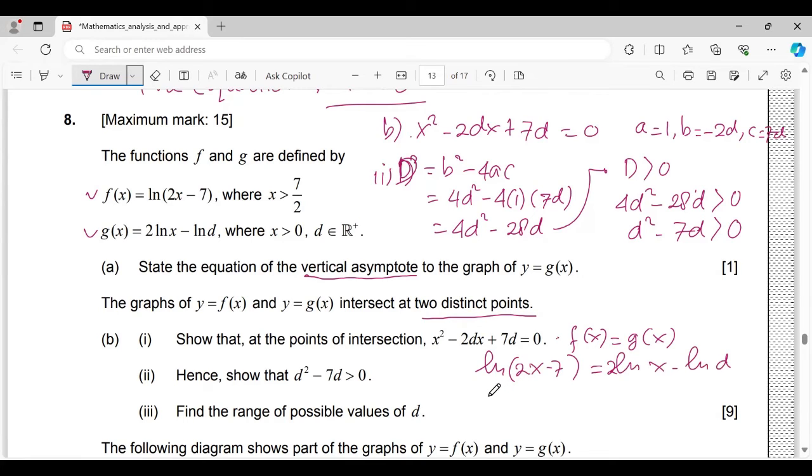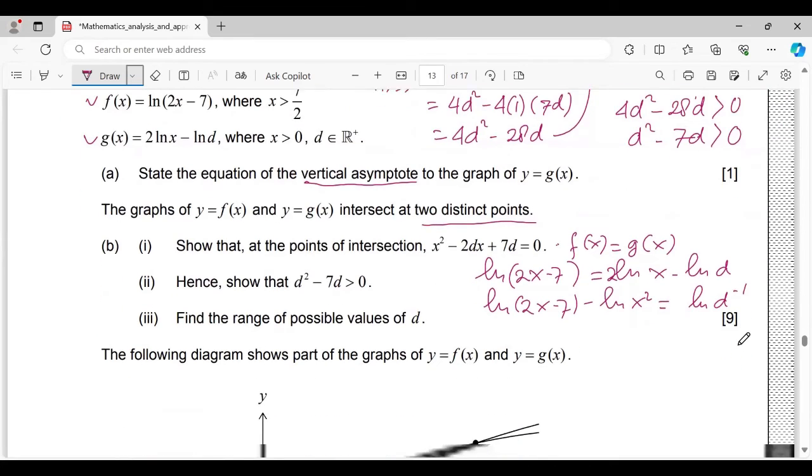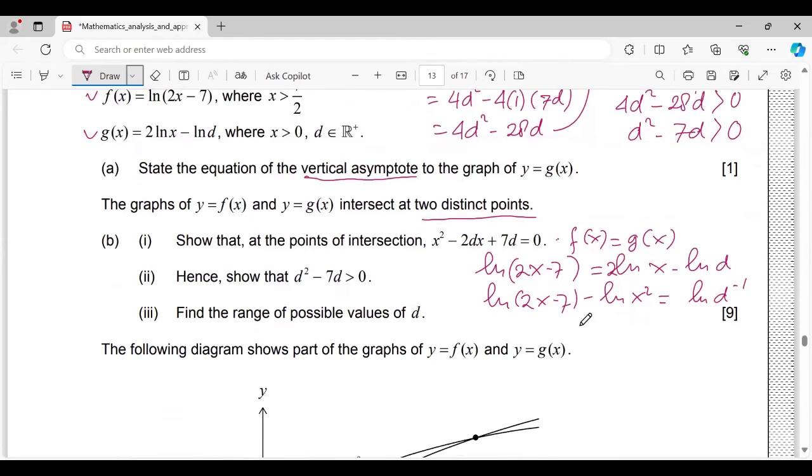So it becomes ln(2x minus 7) minus ln x squared. So 2 ln x becomes ln x squared, equals ln d to the power of minus 1. So it becomes ln of (2x minus 7) over x squared equals ln d to the power minus 1. So this is for part 1.